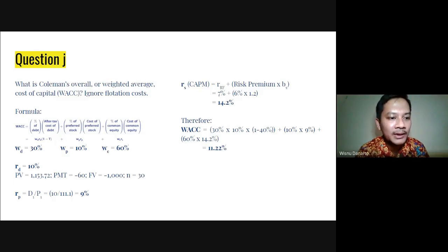Since we know that the weight of the debt is 30%, for the preferred stock 10%, and for the common equity 60%, then we multiply each cost of debt, cost of preferred stock, and cost of common equity by its weight. So we will have the weighted average cost of capital total will be 11.22%.